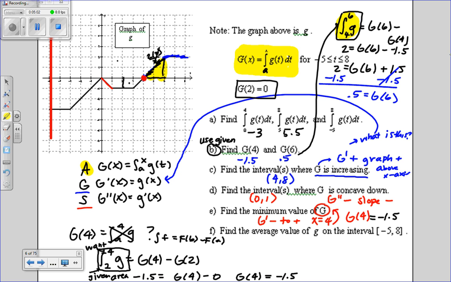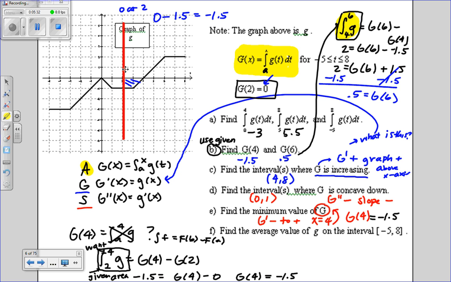Another way of thinking about it is starting at 2, we have 0. Okay, we have 0 right here at 2. If I want to figure out the area, I add if it's above, subtract if it's below. From 2 to 4 would be subtracting, taking 0 and subtracting 1.5, and so it would be negative 1.5.